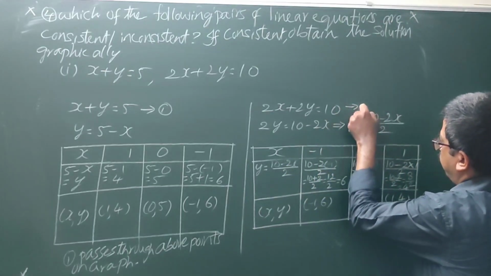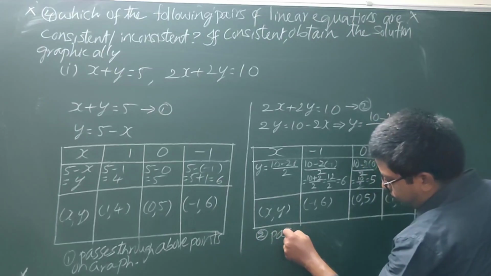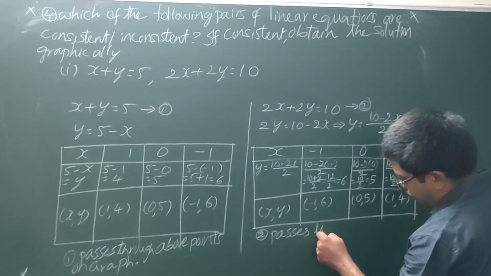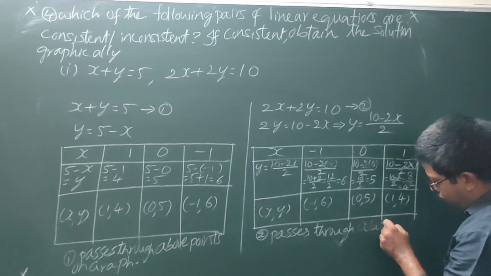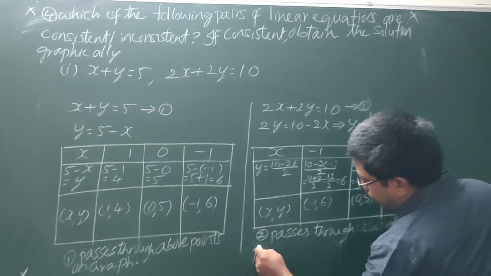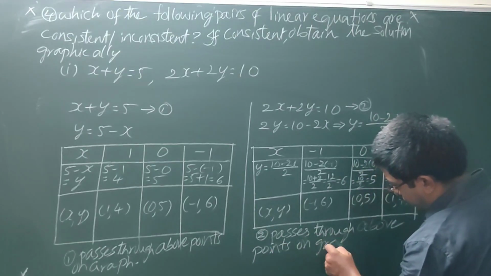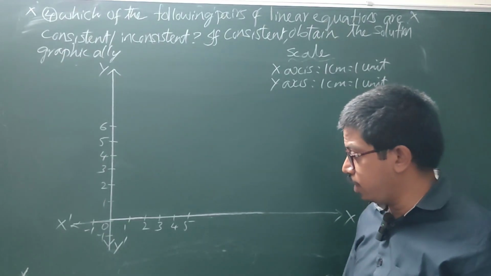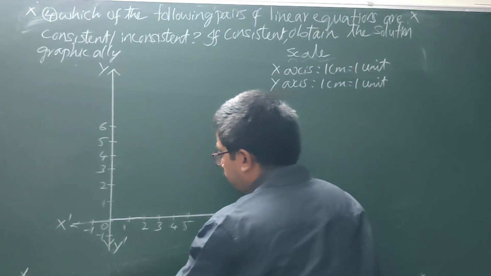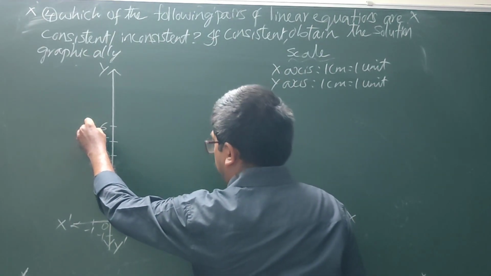Therefore, equation 2 passes through the above points on the graph. For minus 1, I got 6.